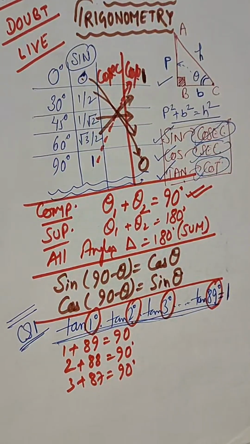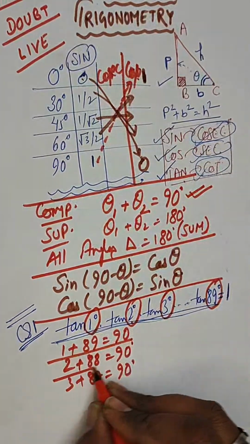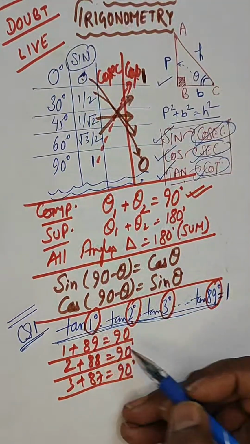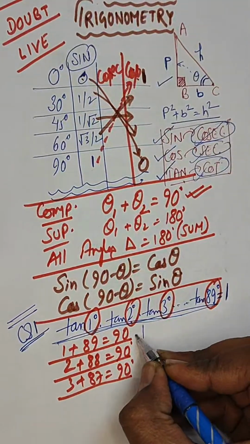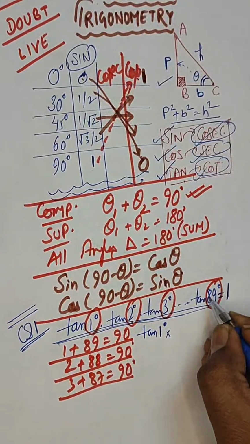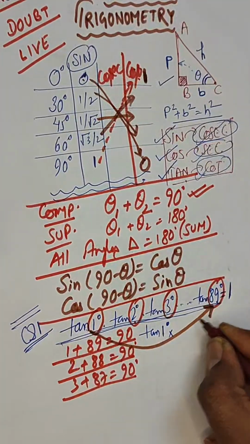If we know this concept of the complementary angle, then definitely apply it here. Tan 1 degree, leave it as it is, multiplied with tan 89 degree if you make a pair like this.